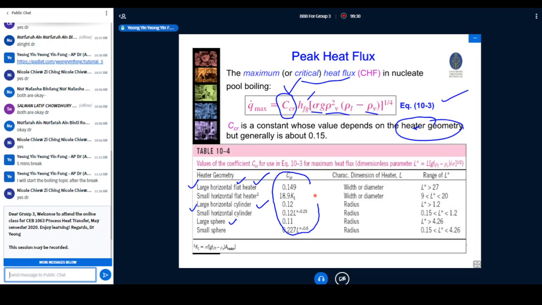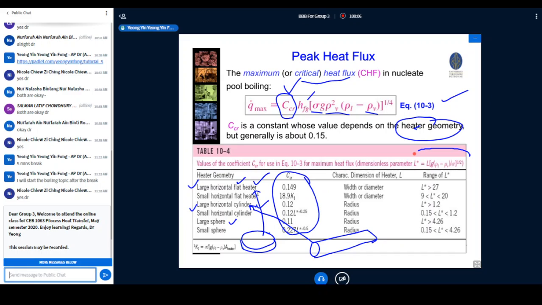So definitely the very first step is to know whether this is a flat, like a pan, or a heating element like a coil or wire type, which will fall under cylinder shape, and this one will fall under flat. Spherical object is okay. But you have large and small terms over here, and you do not know which one to use, isn't it? Don't worry, student. This is the one that you need to determine first.